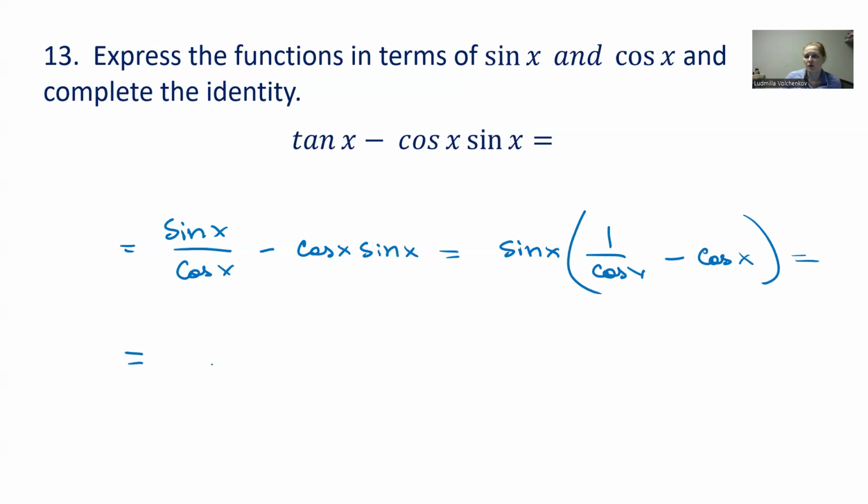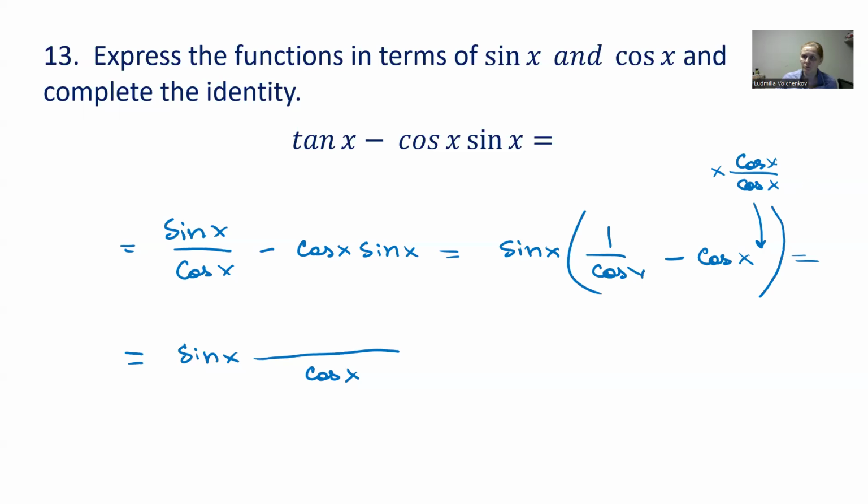Okay, what can we do here? We can write the two terms with the same denominator. So multiply this cosine by cosine over cosine. It doesn't change the value of the expression because cosine over cosine is 1. Then we have sine x multiplied by the denominator.